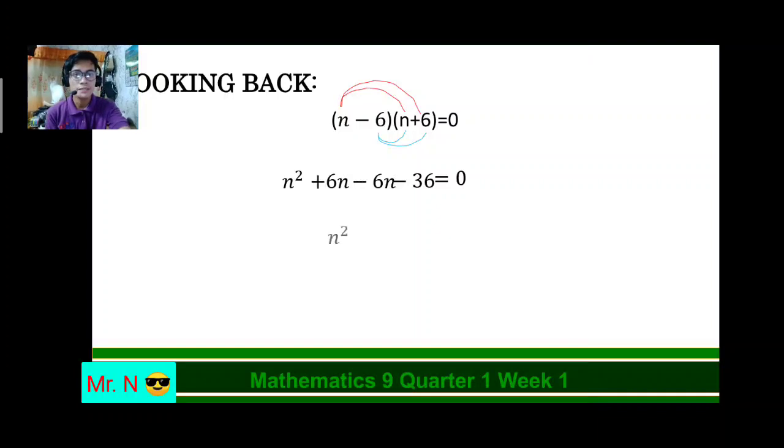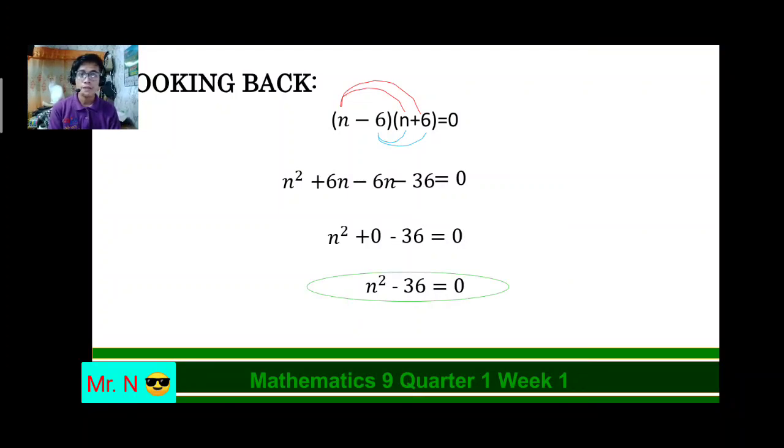So we now have n squared plus 0 minus 36 is equal to 0. Let's simplify further. Just remove the 0. So we have n squared minus 36 is equal to 0. Now, we have already simplified the given equation.